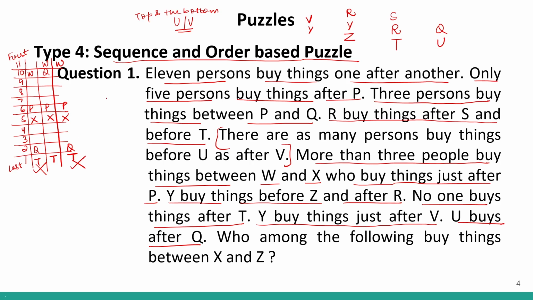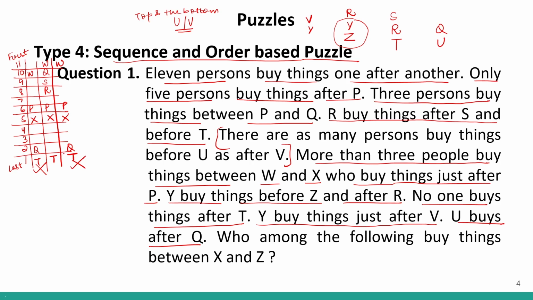Okay? Now let us try to put the information. Before R I have my S, and I have my T after R. So that means I have to leave at least one place before R where I can keep S. Okay, and then after R I have Y, Z and T. So T is already placed.